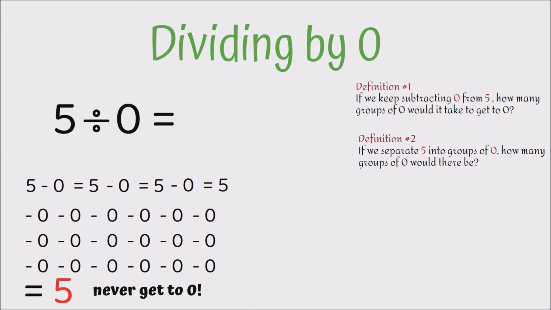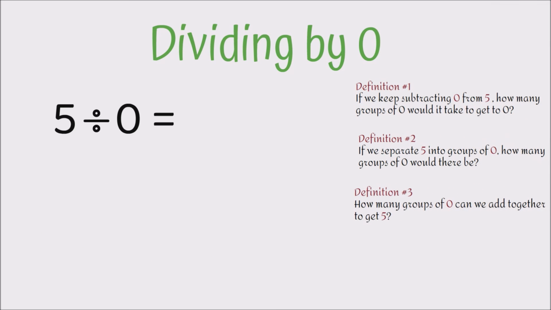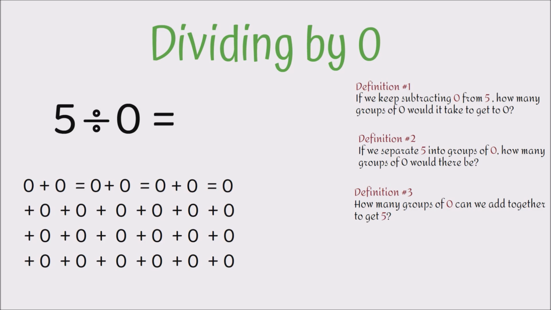Guys, I'm getting a little bit desperate now, so let's try our third definition. How many groups of 0 can we add to get to 5? Now this doesn't make sense either, because if we keep adding 0 to 0, we'll never get to 5. Guys, this is why dividing a number by 0 gives the following solution.